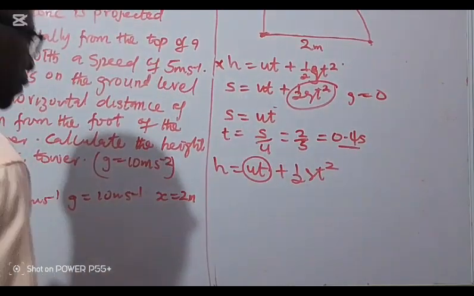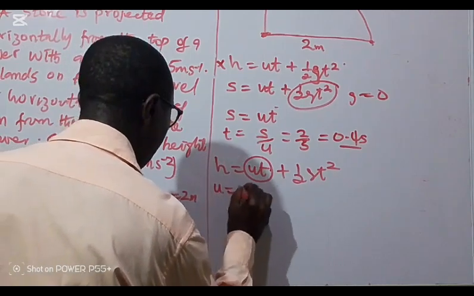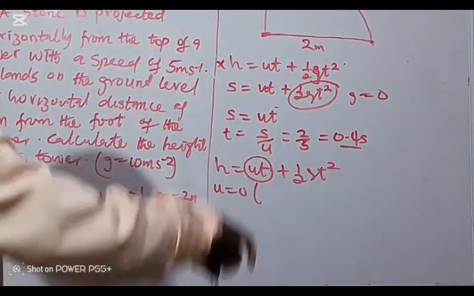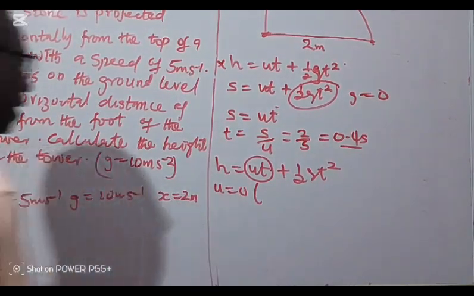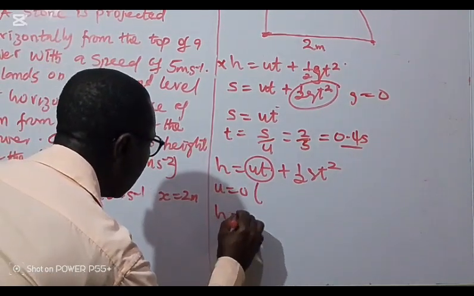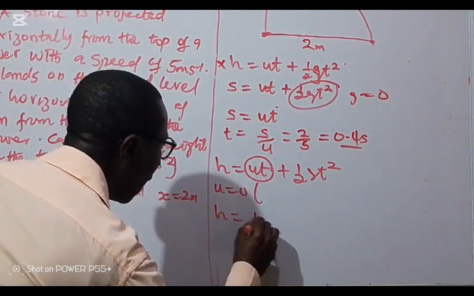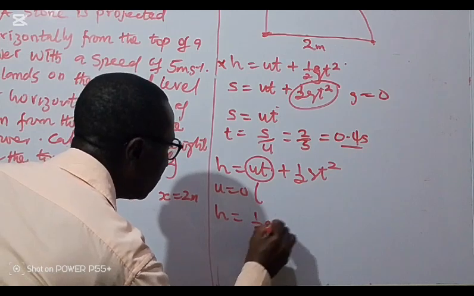So if u is equal to 0, don't forget our reason, falling from maximum height to the ground, then we are left with h is equal to half gt squared.